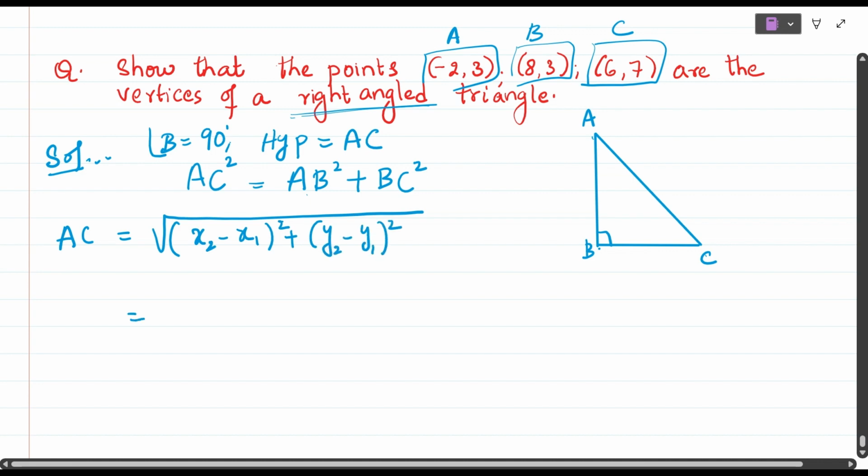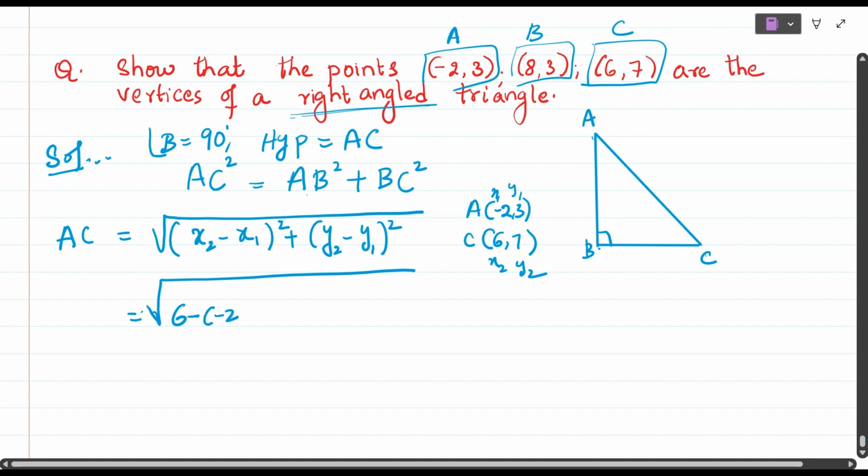Understood? So this gives the square root of, see, where are A and C? A is (minus 2, 3) and C is (6, 7). If you take this as x1 and y1, this will be x2 and y2. So apply this in the formula: (6 minus of minus 2) whole square plus (7 minus 3) whole square. Now solve this, students.